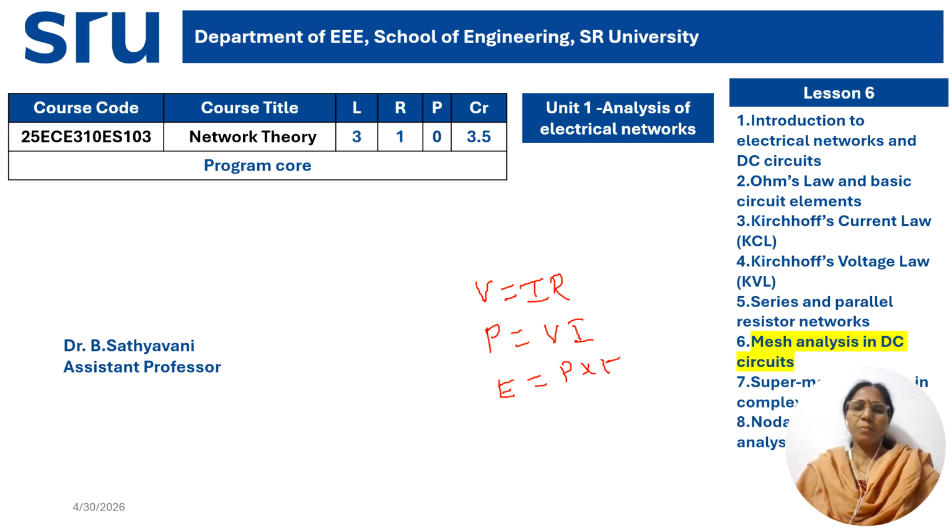These are the three basic equations, and using them we are going to calculate whatever is asked in the problem, whether that is voltage, current, resistor, equivalent resistor, or electrical power.